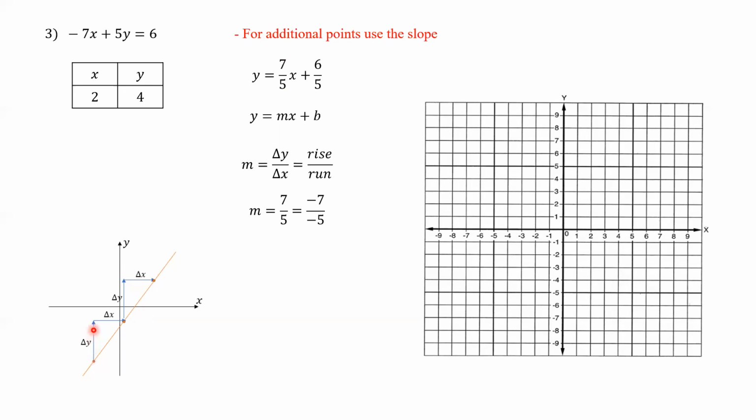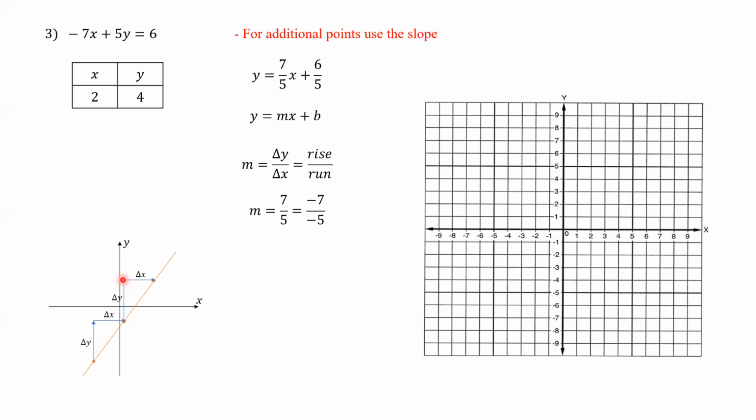If I move delta y units in a vertical direction and then delta x units in a horizontal direction, I will end up at a point on my line again. So that's going to be another point. Now, if I want more points, I can continue performing my steps.